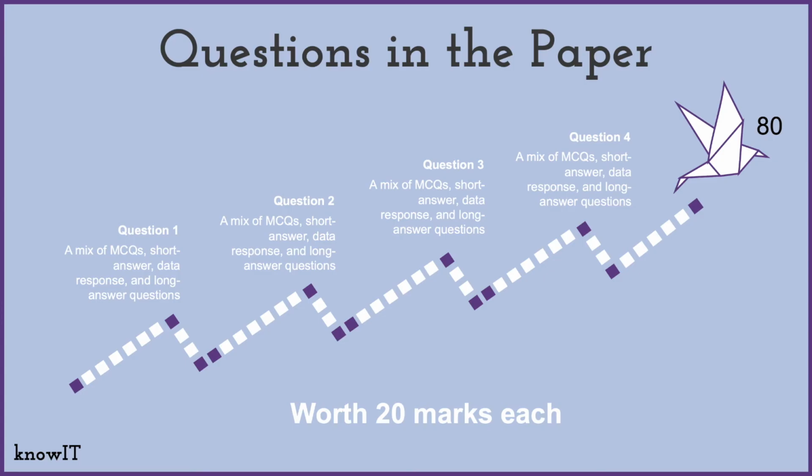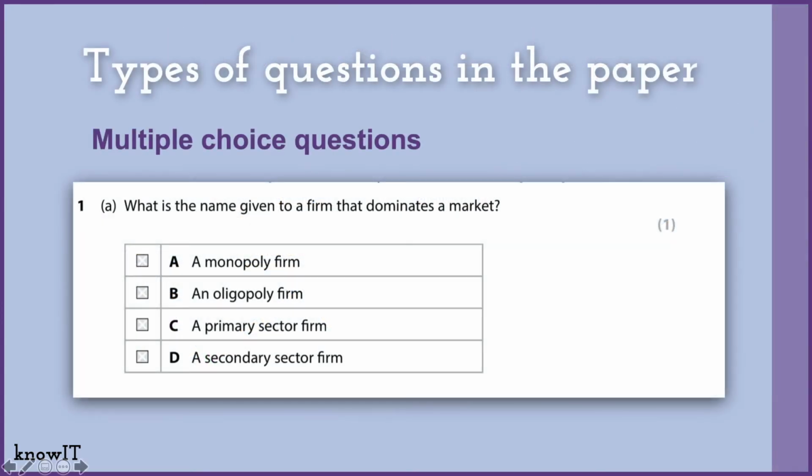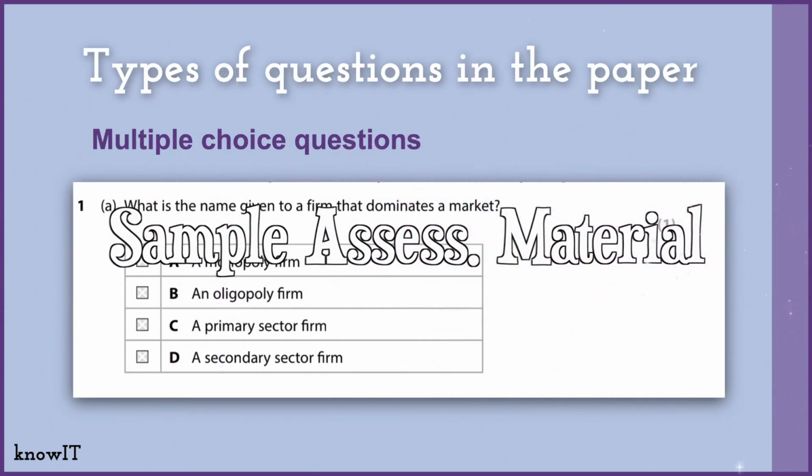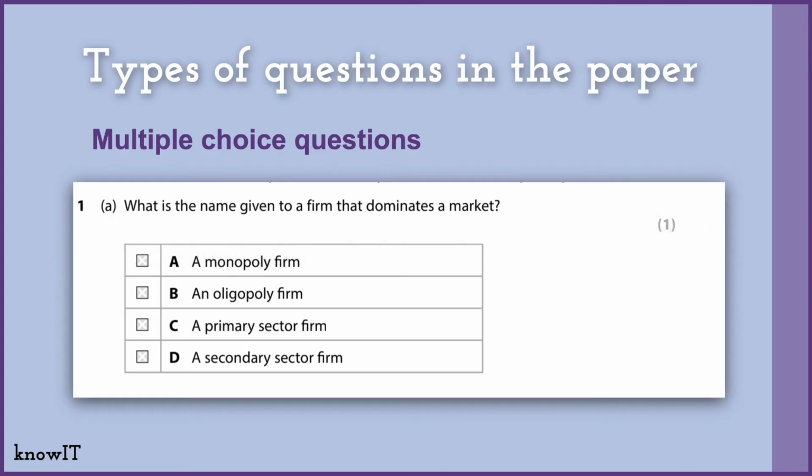Now let's move on to the individual types of questions in the paper. So first of all, let's look at multiple choice questions. This is an example of a multiple choice question from the sample assessment material, which is given freely on the Pearson Edexcel website and which is also linked down below.